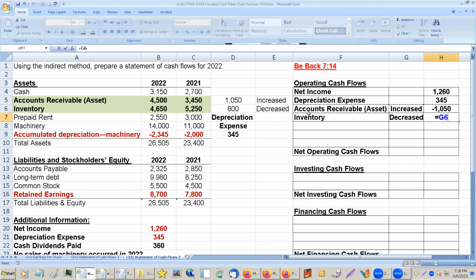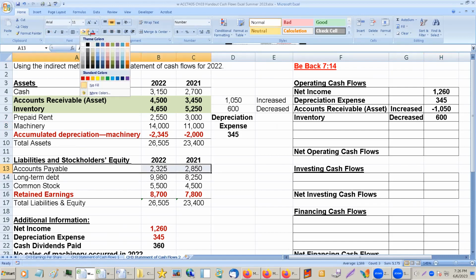You sold it, cash goes up. Accounts payable.